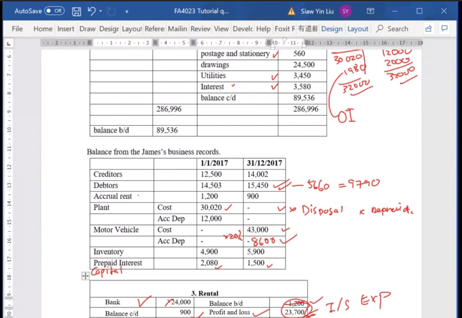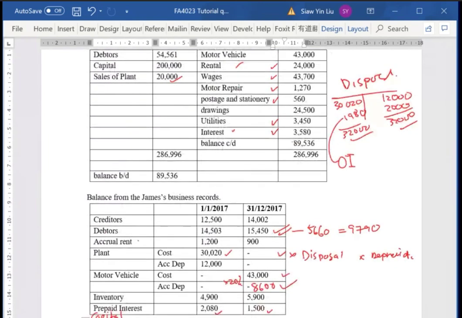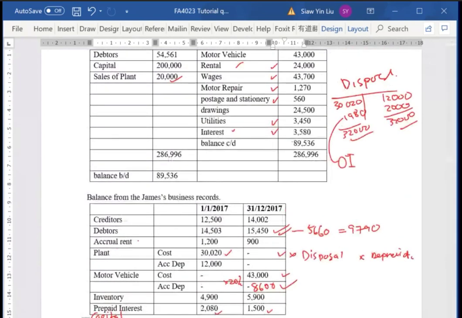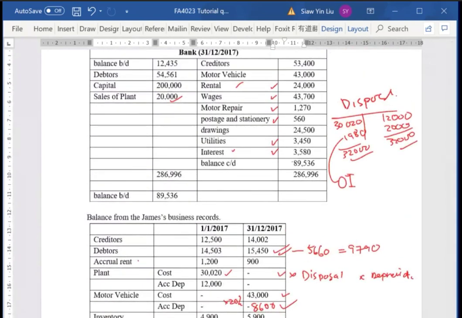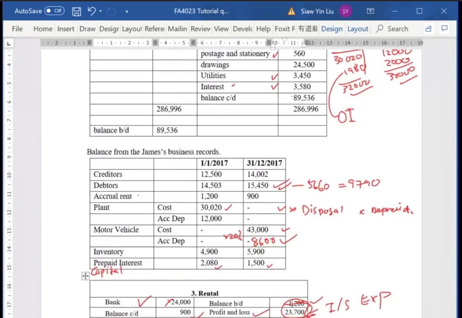So for assets, put in all the fixed assets here, then the current assets, debtors, inventory, and your bank balance. This is your current assets. After that, prepare your capital. You have to figure out how much your capital is. Remember here you have additional capital of 200,000. So just figure out how much your capital is.